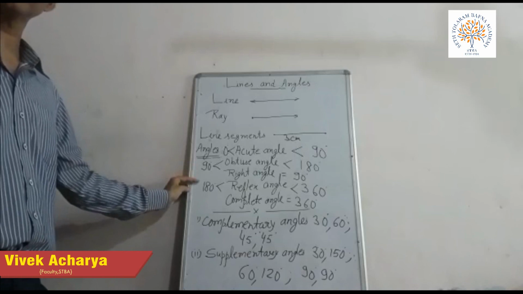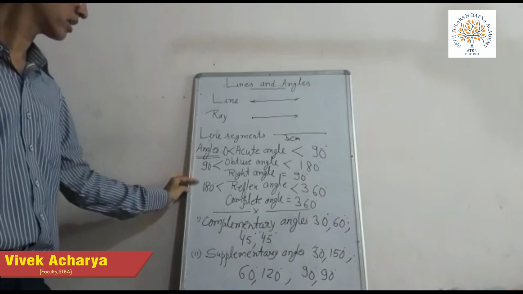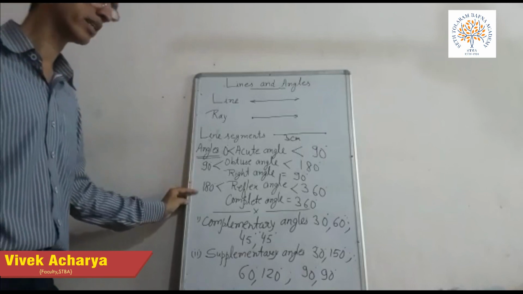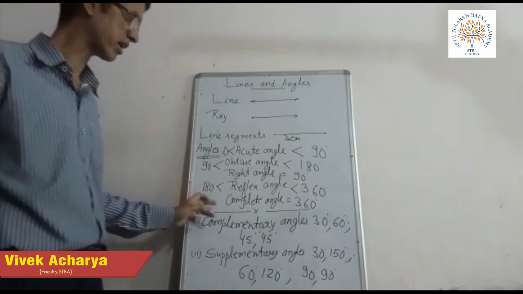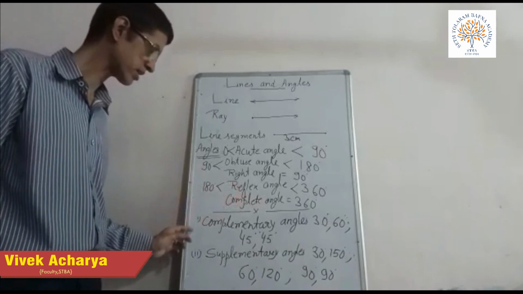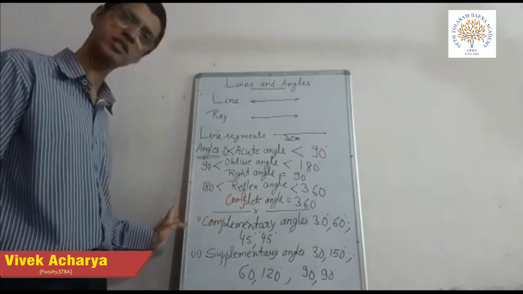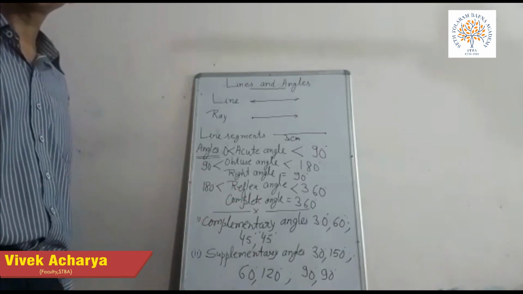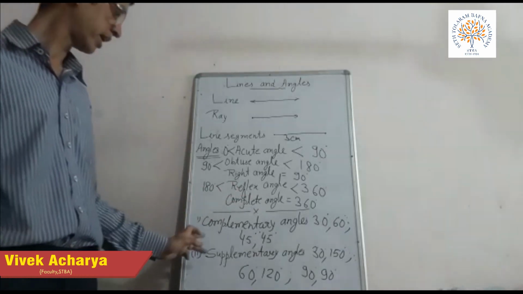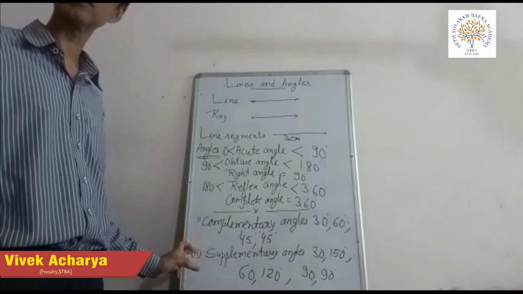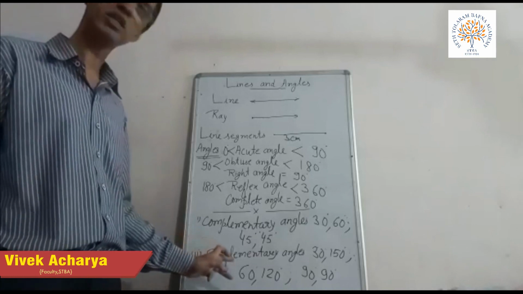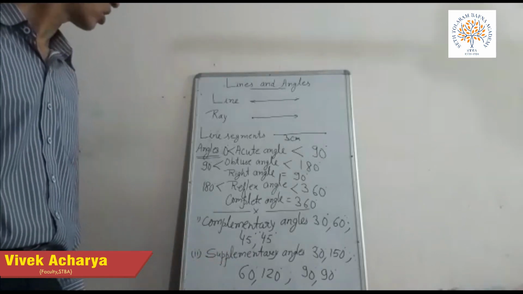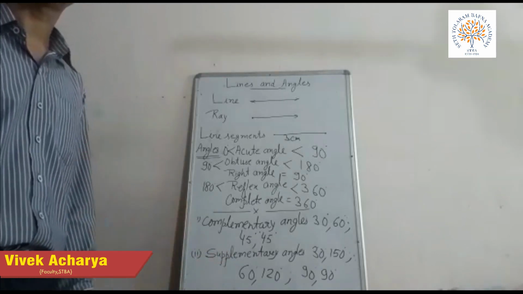Then right angle is 90 degrees, reflex is greater than 180 and less than 360 degrees, complete angle is 360 degrees. And the last one is complementary angles whose sum is 90 degrees, and supplementary angles whose sum is 180 degrees. I think this concept is clear to all of you.